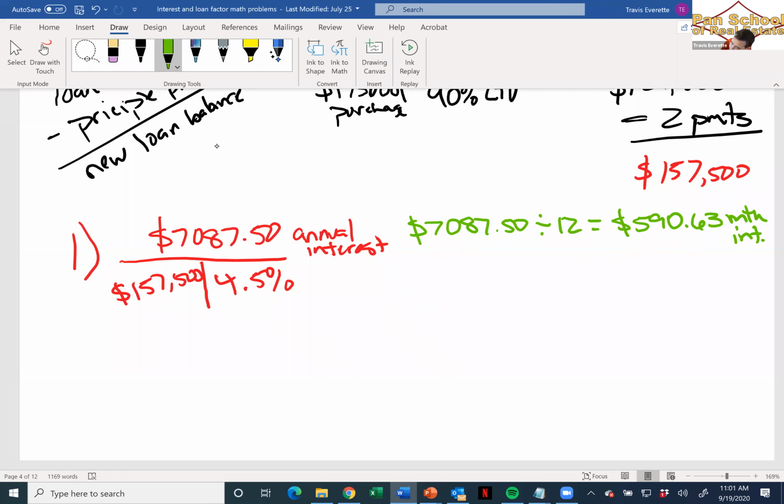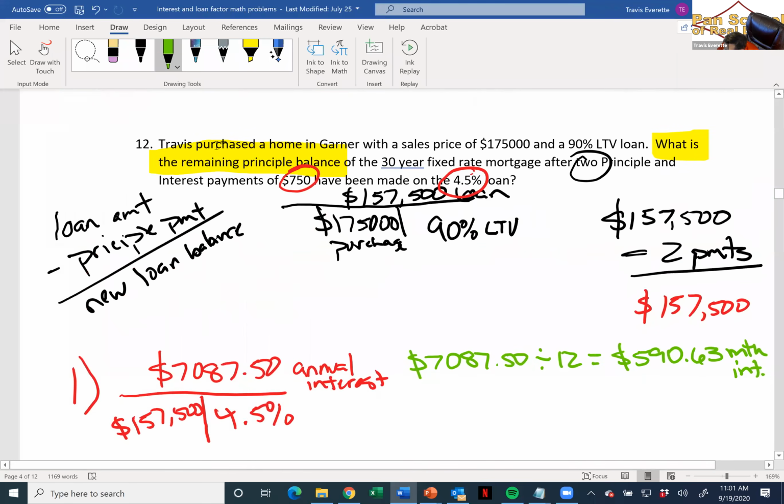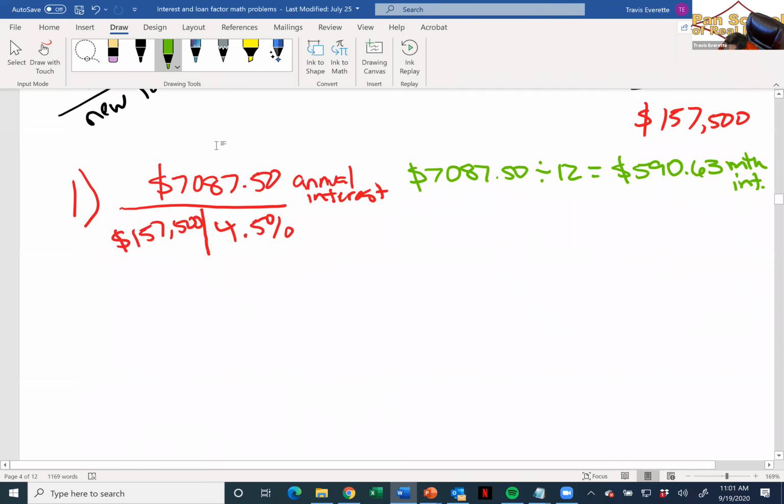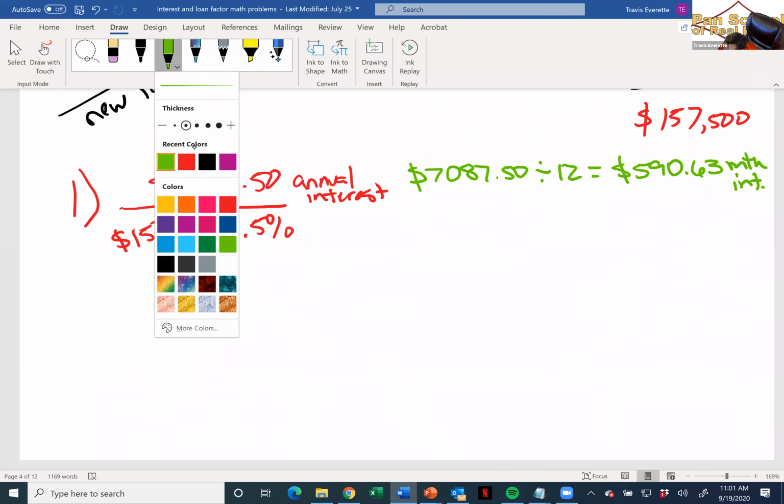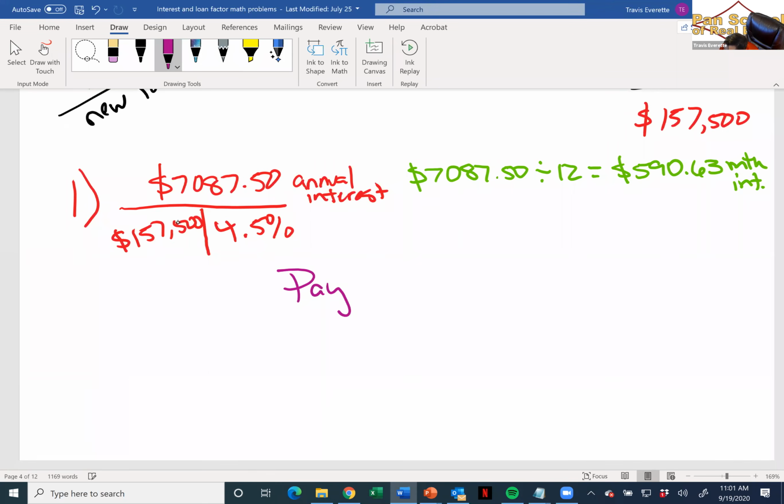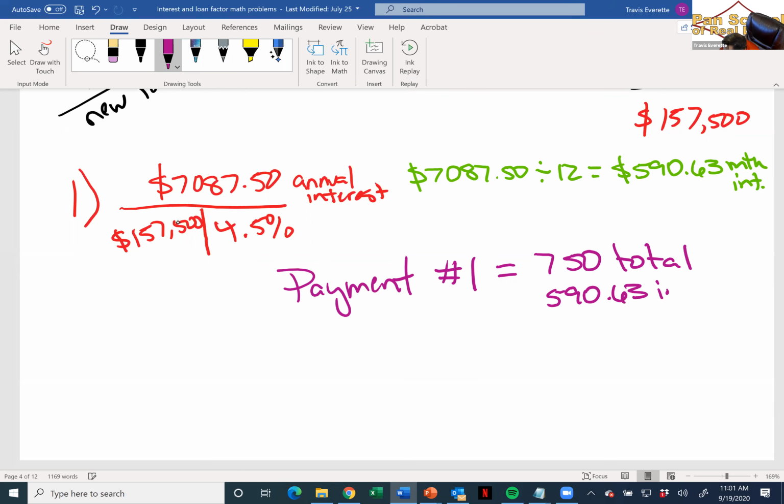Now, payment number 1. What's the amount of payment number 1? They told us that, right? $750. So payment number 1, let's break it down into pieces. Payment number 1: $750 total. $590.63 of that is interest.